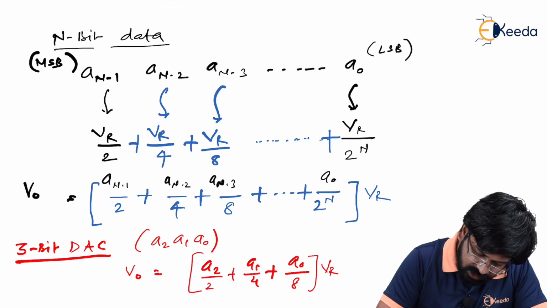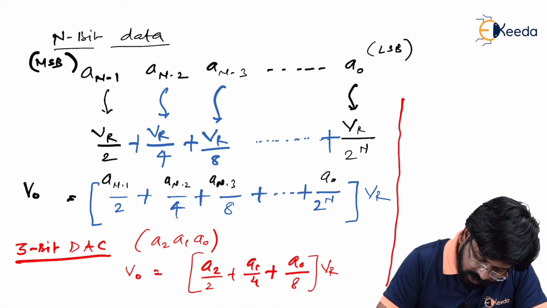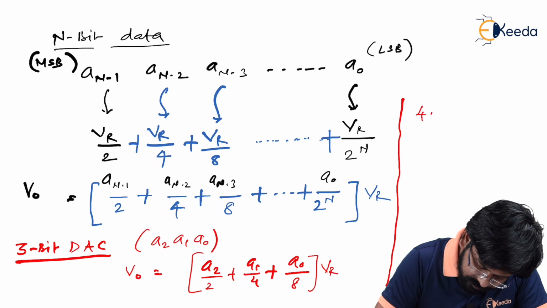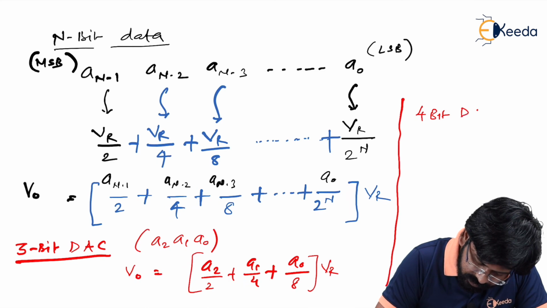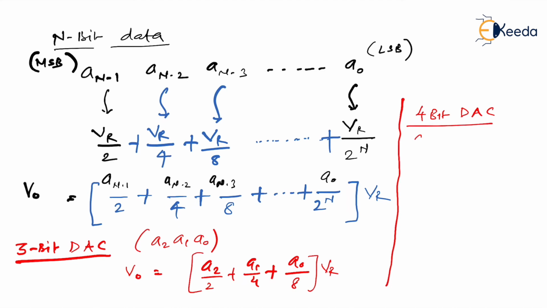So now I'll show you what is to be done if you have a 4-bit DAC. See, 4-bit DAC means you'll have inputs as A3, A2, A1, A naught. Is that right? Then do this way. V naught equal to A3 divided by 2, because you have to always start with MSB.